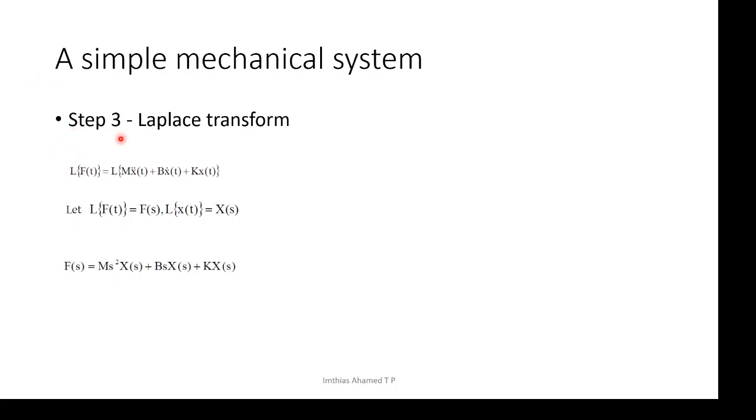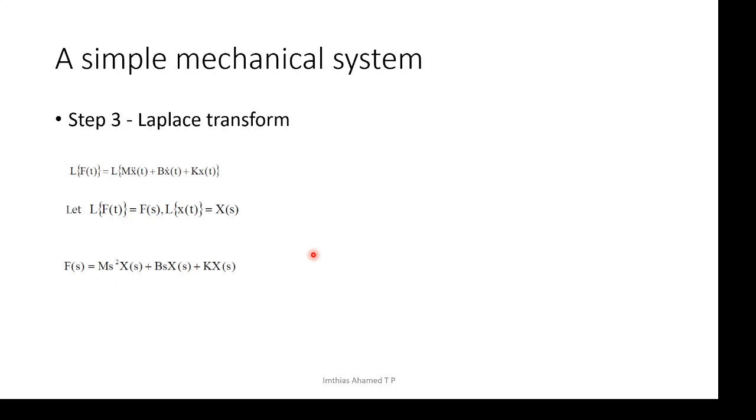We do not know the force, so let Laplace transform of f(t) be F(s) and let Laplace transform of x(t) be X(s). Then Laplace transform of m x double dot is m s square X(s), of b x dot is b s X(s), and of kx is k X(s). So we got to this.